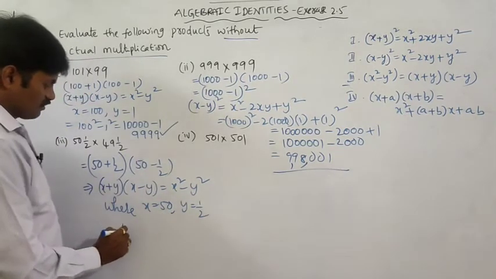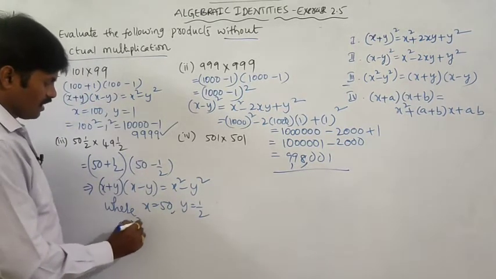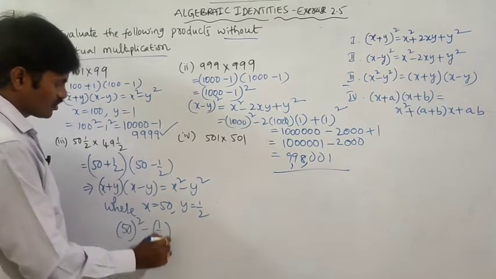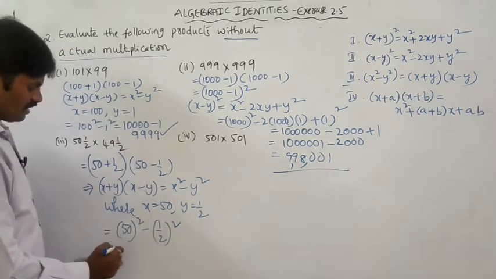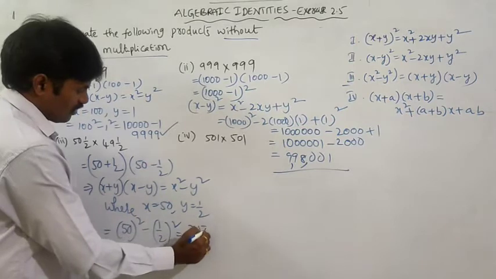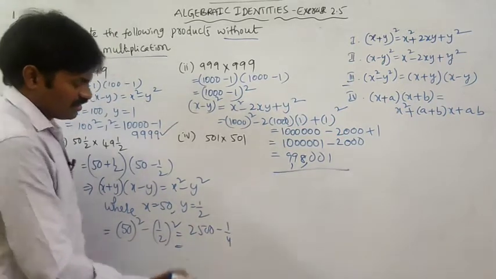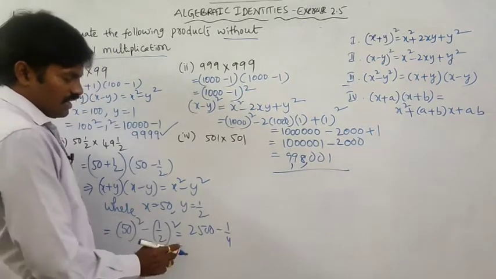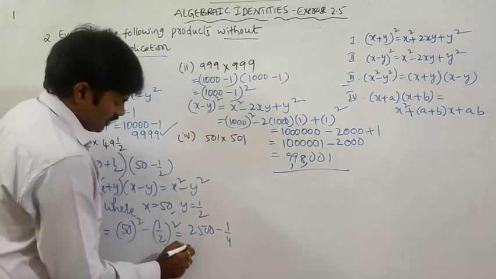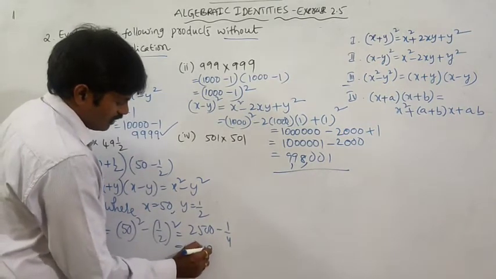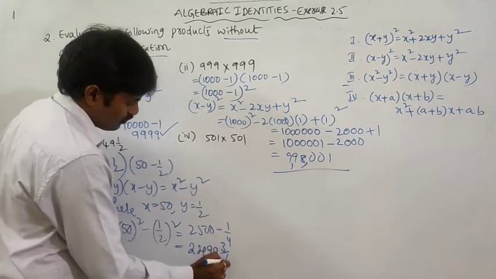If you substitute and simplify, we will get 50 square minus (1 by 2) whole square, that is how much, Nana? 2500 minus 1 by 4. Already we solved this problem in previous classes. So we get the final answer 2499 3 by 4.